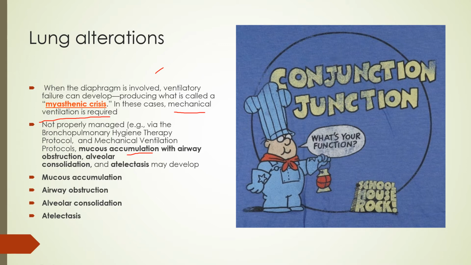And so when someone is breathing shallow, they're going to have more mucus accumulation. And if that mucus continues to accumulate, it will obstruct the respiratory areas, right? That causes alveolar consolidation. And obviously with alveolar consolidation, that will lead to atelectasis, right? So we have this mucus accumulation that leads to airway obstruction, that leads to consolidation, that then leads to atelectasis.